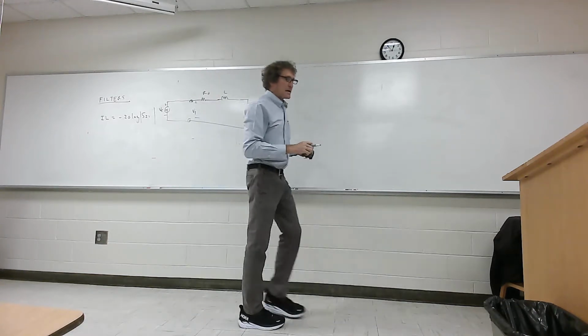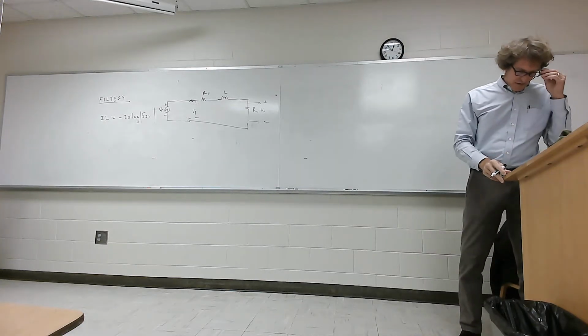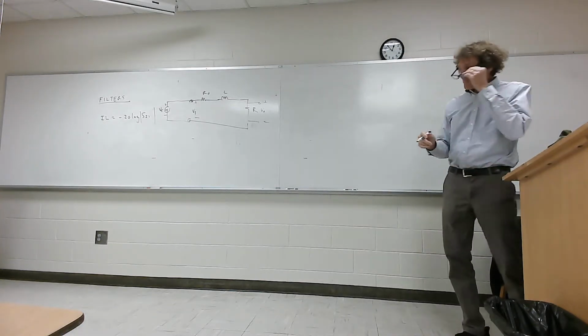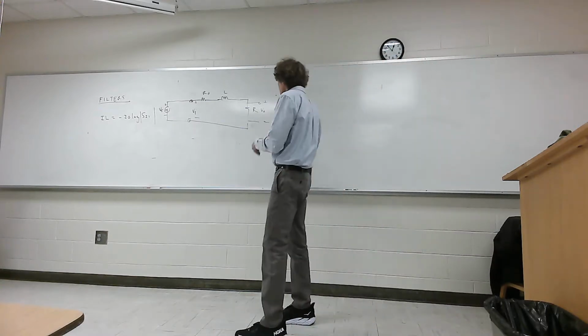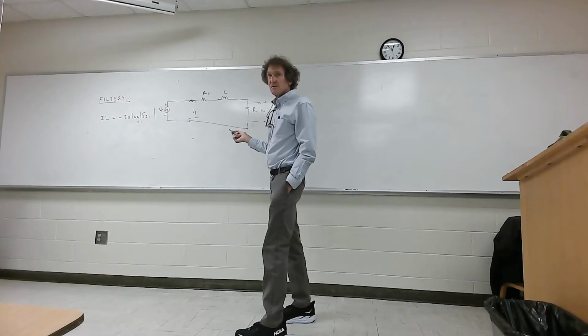So if you take a look at this, it's almost too simple, but if we want a ratio of V out over V in, you all see that this is going to be simple voltage division.